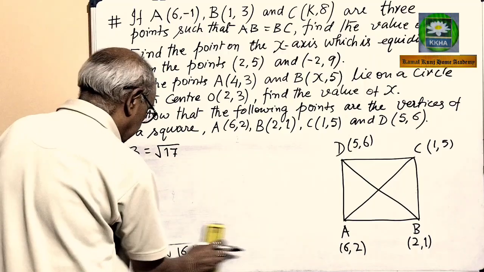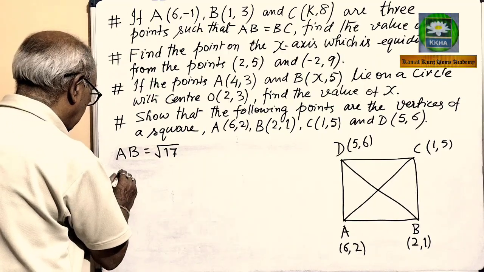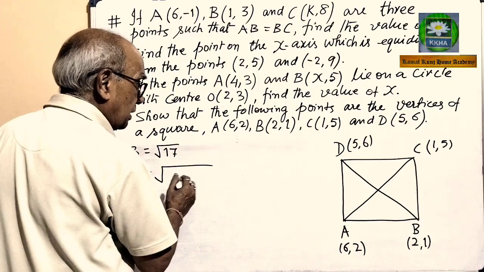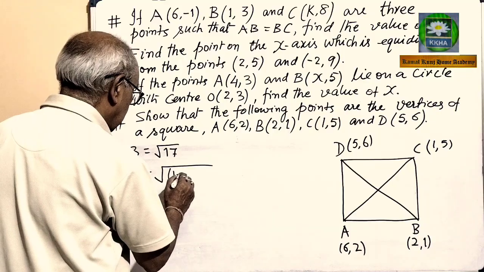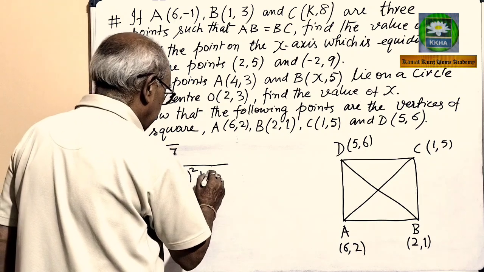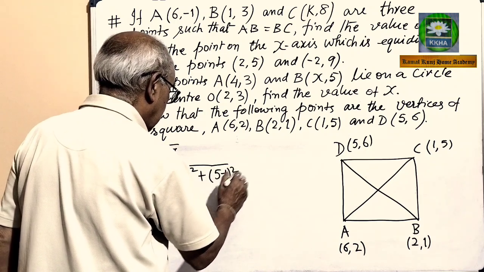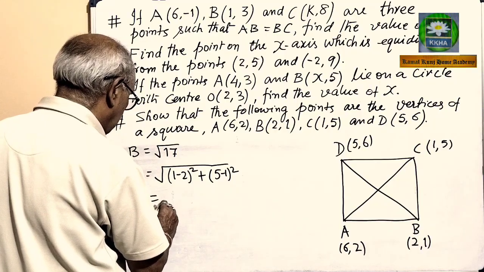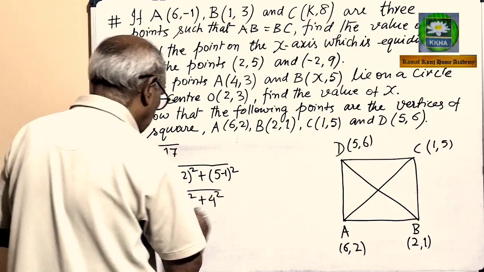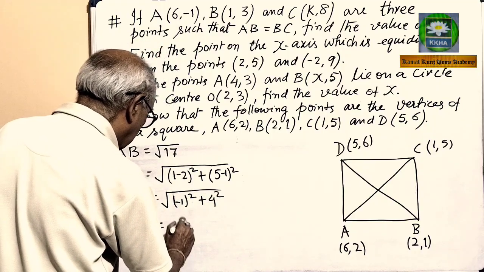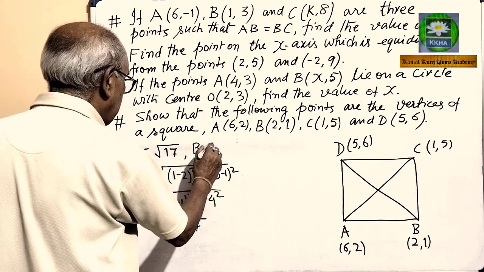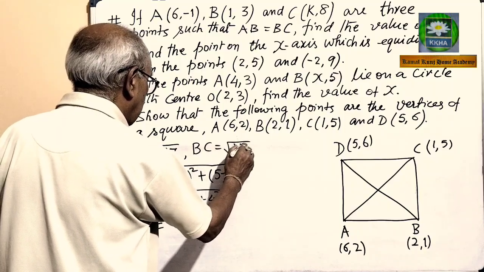Now the other sides. BC is equal to under root (1 minus 2) whole square plus (5 minus 1) whole square, which is under root (minus 1) square plus 4 square, equal to root 17. So BC is root 17.